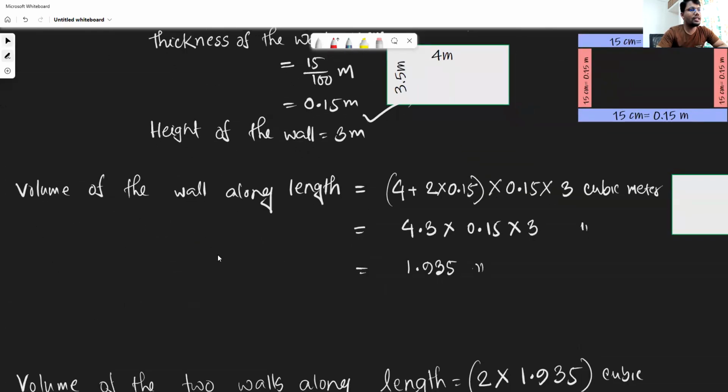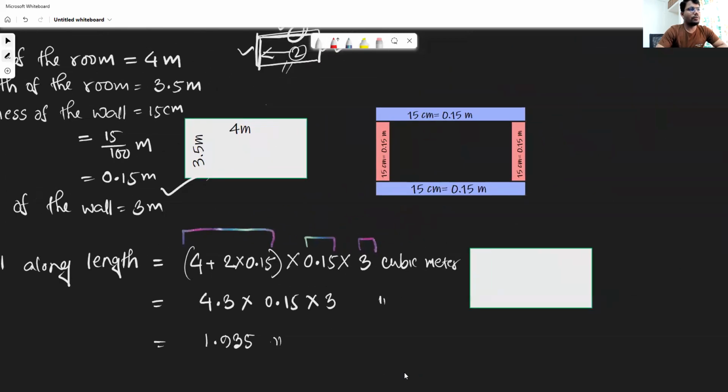So now this is one of the most important parts in these questions. This is the new length of the wall after placing the bricks here. This is the new length, and the thickness is considered as the breadth, and the height is given here. Okay, let's see the diagram here. Suppose this is the length and breadth given here.